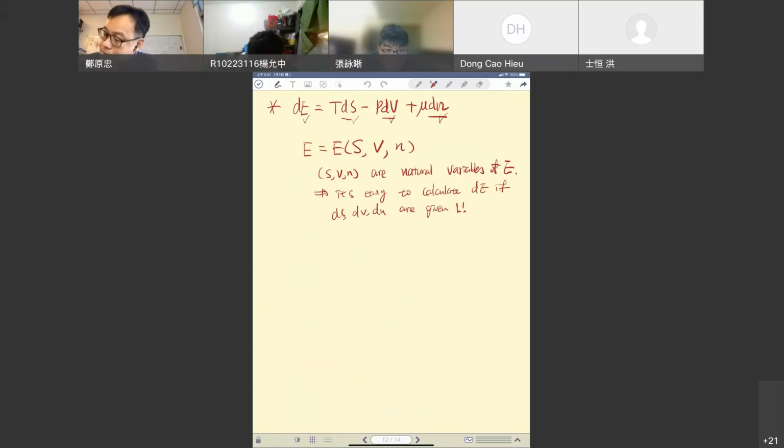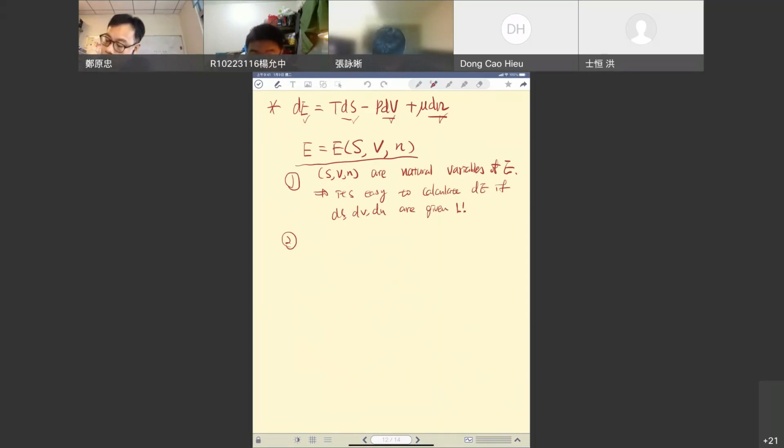The second quantitative result: we can compare this to a total derivative. If this is true, then we can write down its total derivative from calculus.